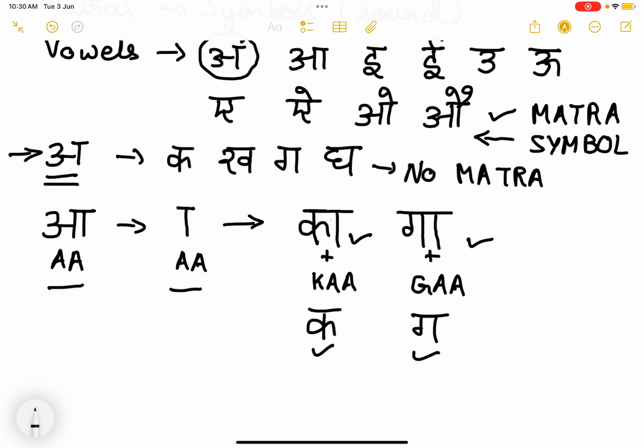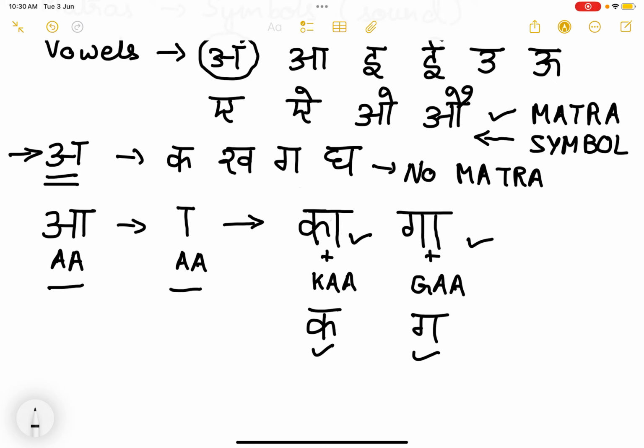Once I place a matra after the letter ka, for example, ka and aa join together. The matra sound, the vowel sound, now connects to the letter ka and makes it kaa, one unit, one syllable. That's why we need matras.